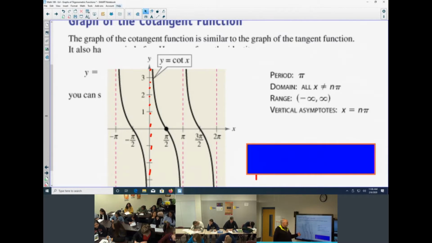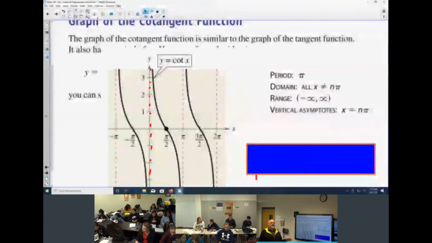So at negative pi, 0, pi, 2 pi, every multiple of pi, you're going to have a vertical asymptote, and then you draw it going down from left to right. All right, so any questions on the graph of cotangent? Okay.